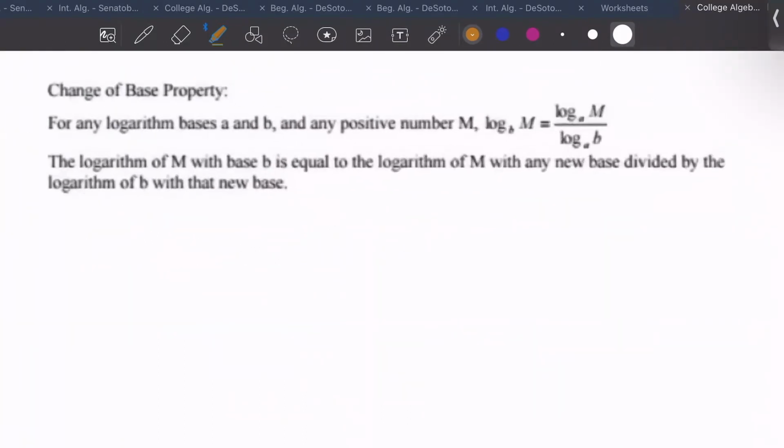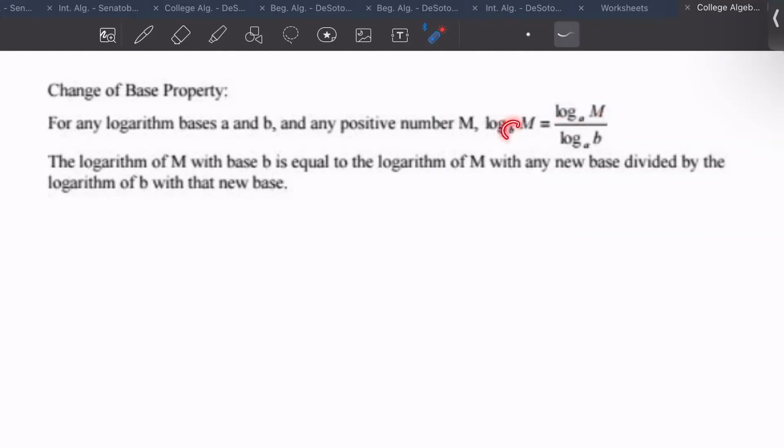Okay, and you have this thing called the change of base property, and that says for any logarithm bases a and b, and this also may be a little difficult for you to see, and any positive number m, log base b of m can be made into log base a of m over log base a of b.